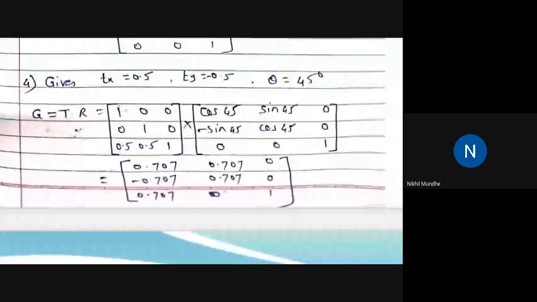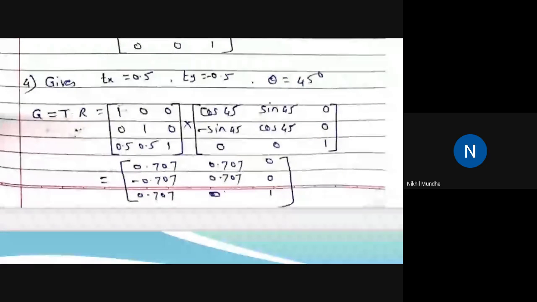Two values are given here. What is the statement? Translate: tx value is equal to 0.5 and ty value is -0.5 because they have given down. In the previous problem, left side was given, due to that we took a negative value. Here also, for the downside of y we have to take the minus.